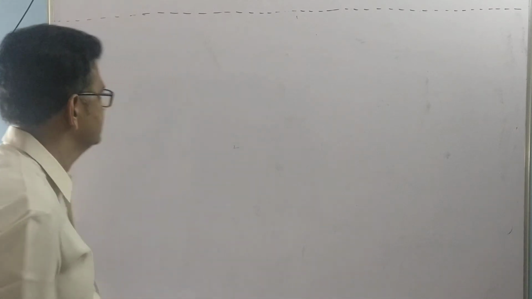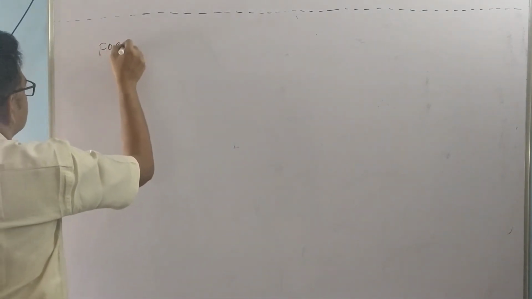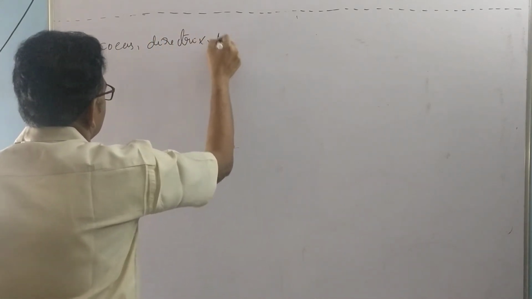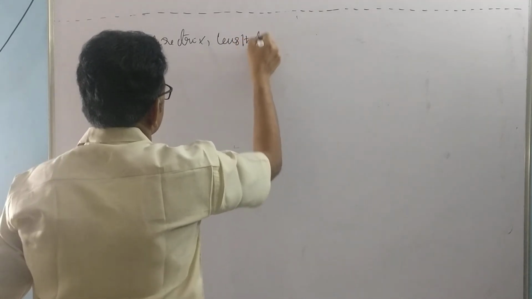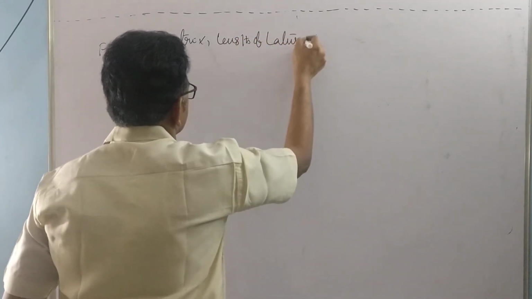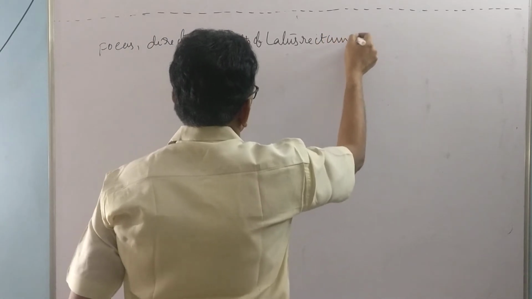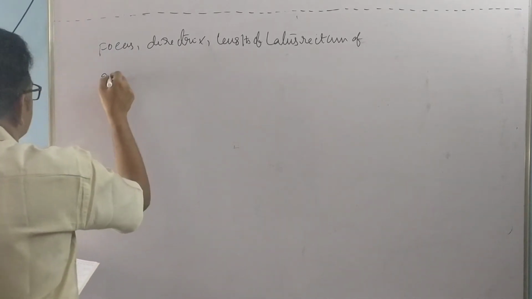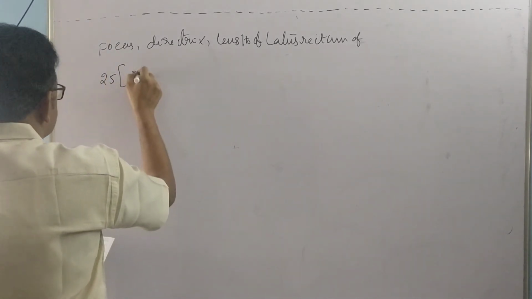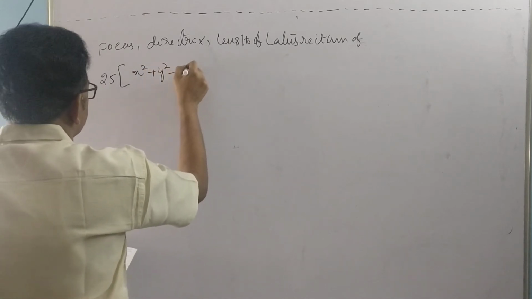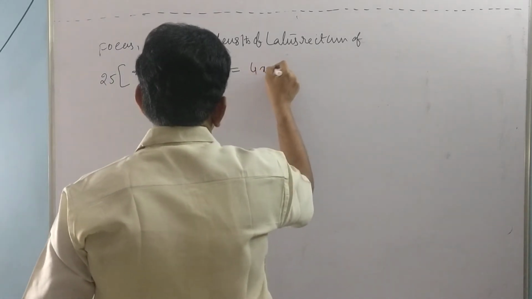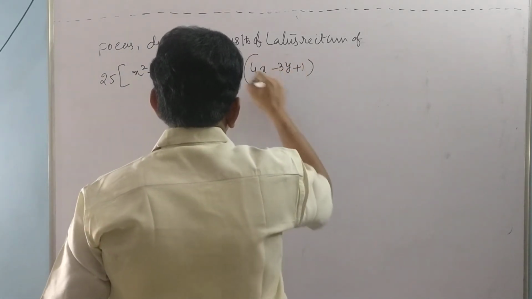Next one, the focus and directrix and the length of latus rectum of the parabola 25 into x square plus y square minus 2x plus 1 is equal to 4x minus 3y plus 1 whole square.